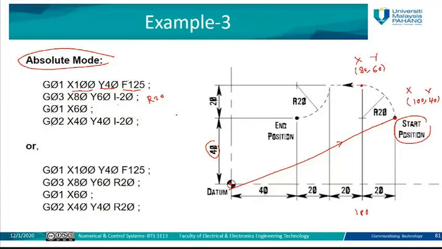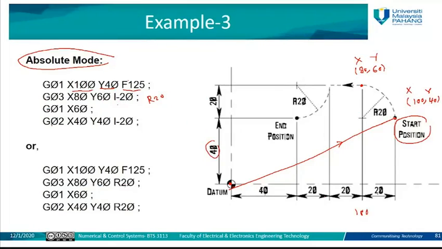Now after we move the spindle to the start point, we ask the spindle to go counterclockwise. For counterclockwise, we are going to use G03. So G03, go to X80 and Y60 with I equal to -20. How do we know I is equal to -20?